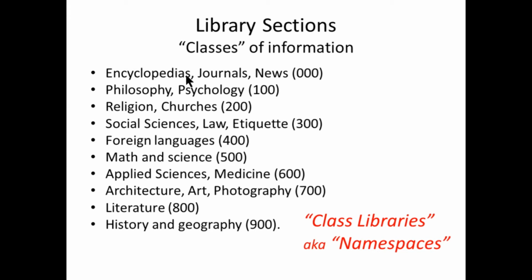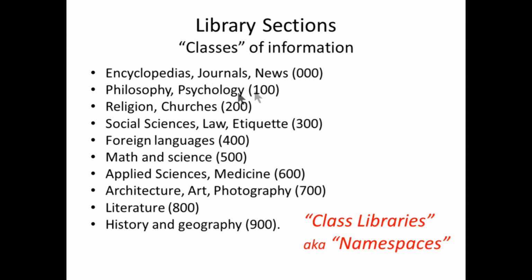Now, in the software world, they are called class libraries, which is very similar to real world libraries. You've got your classes of information. And Microsoft has also called them namespaces. Now, it's kind of counterintuitive calling them namespaces, but it's the same idea.